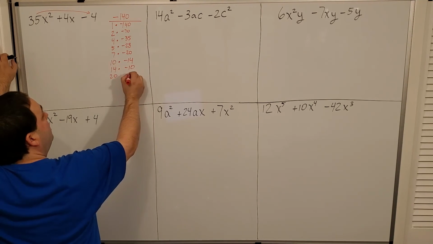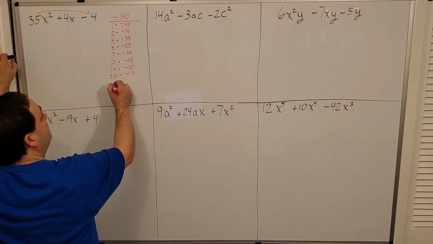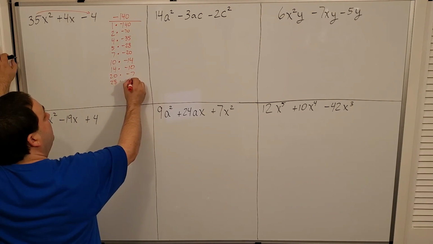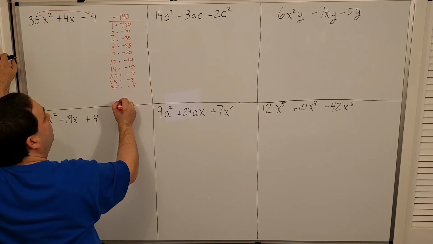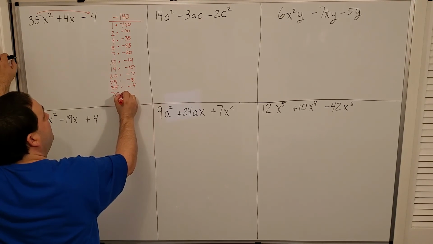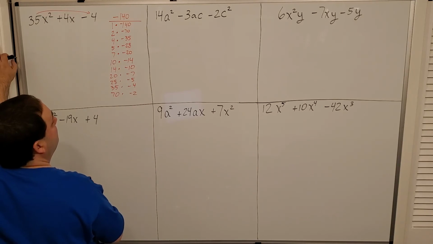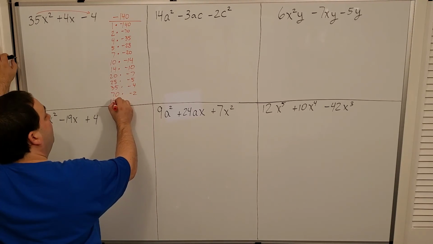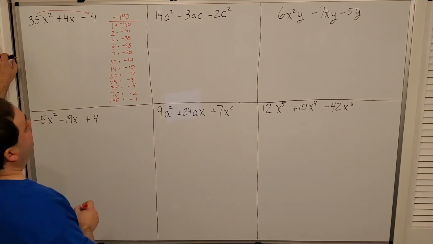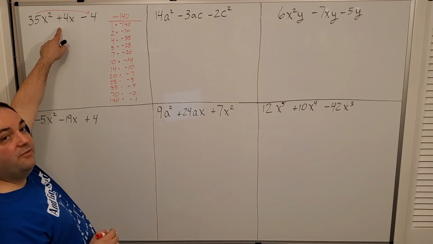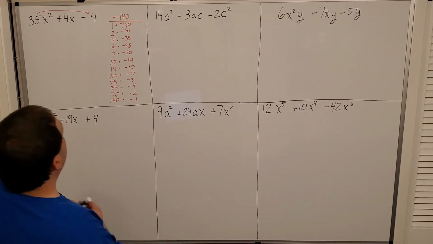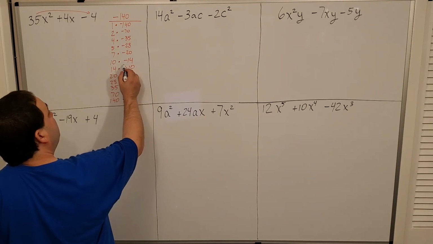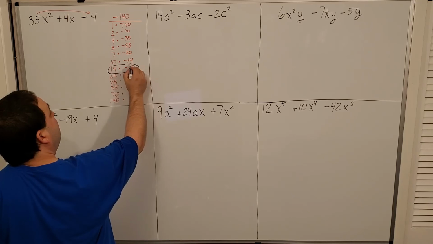So 20, negative 7, 28, negative 5, 35, negative 4, 70, negative 2, and 140 times negative 1. And we need to add to 4, correct? Therefore, I'm going to do 14 times negative 10.